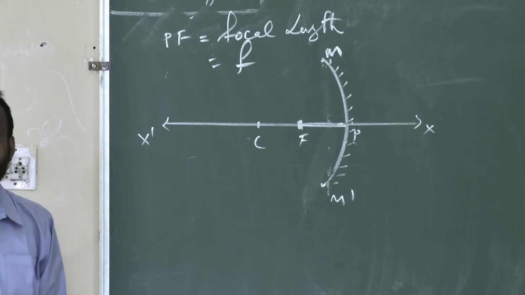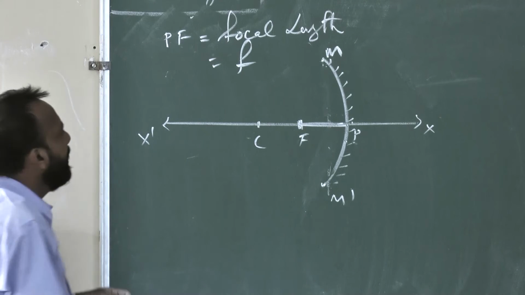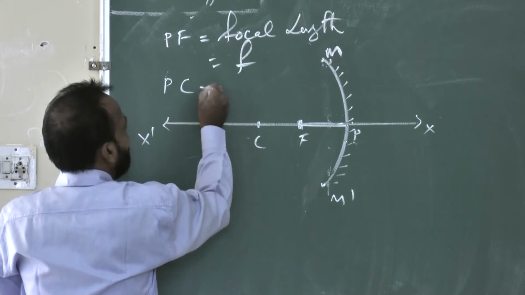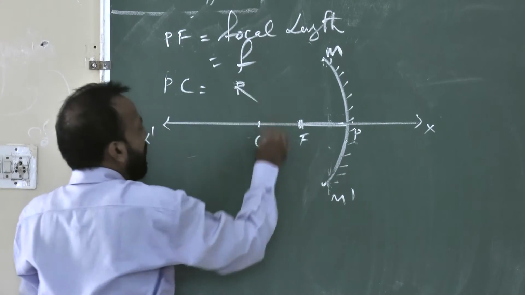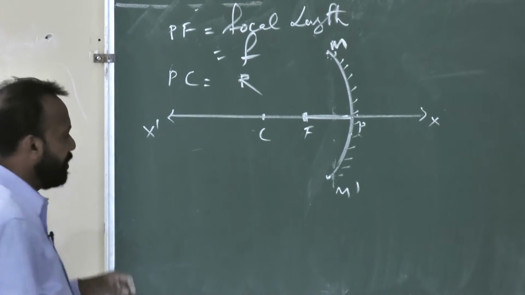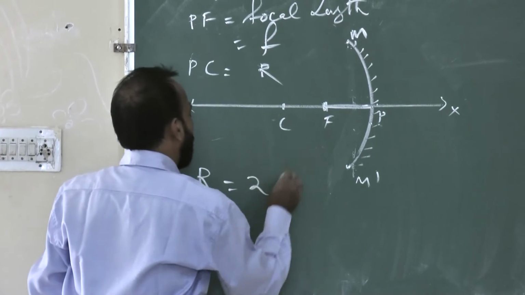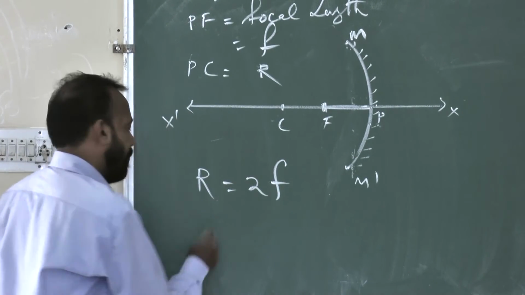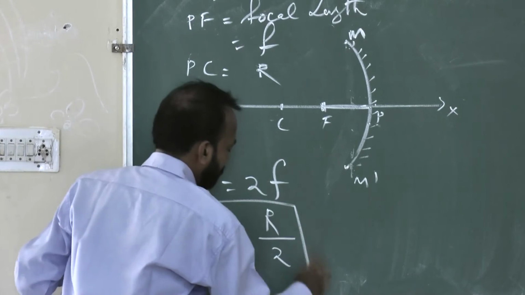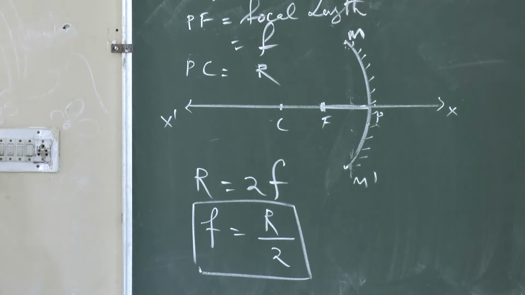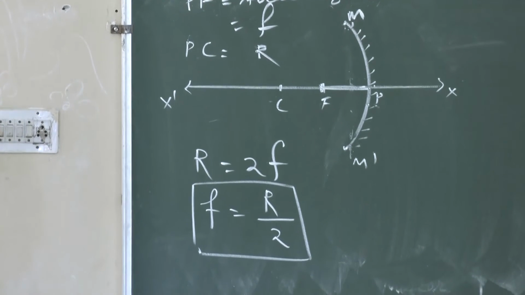And this is PC. PC is equal to your radius of curvature, written as R. And you know, radius of curvature is double the focal length. So focal length is equal to radius of curvature by 2, half of the radius of curvature.